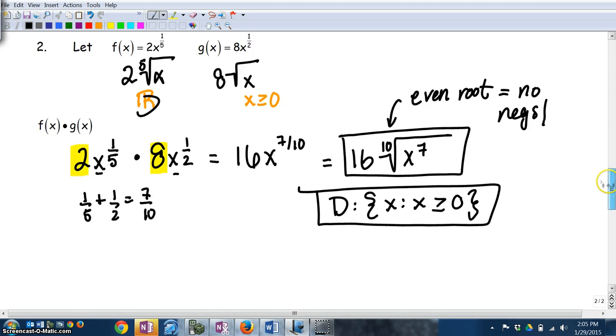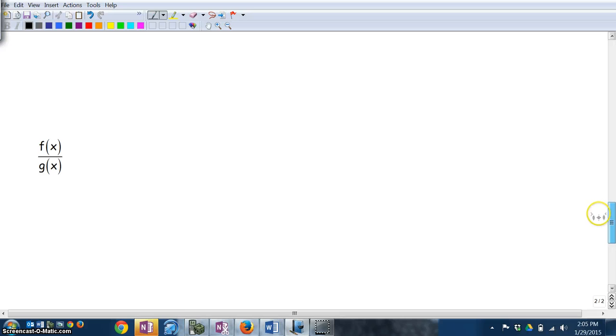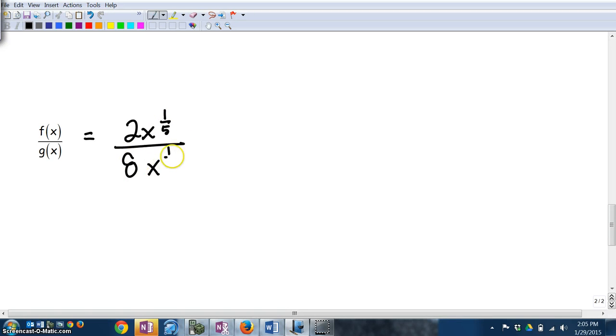All right, another fun division one. All right, f of x is this. g of x is this. You can divide your 2/8.